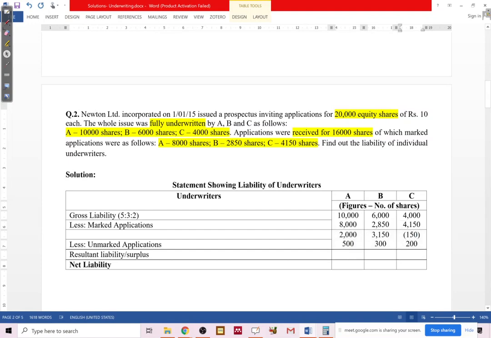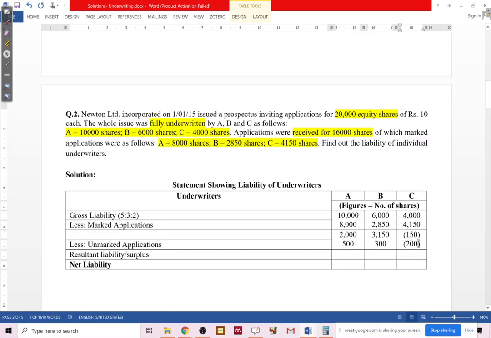Now, you have to be very careful here. Since this is less unmarked applications, it is assumed that this is also negative. Am I right? Don't take it like a positive figure, because you will take minus 150 plus 200, okay, and you will minus the 200, which is again going to go wrong, correct? But since it is less unmarked, it means that here show it as a negative, it's a minus, alright.